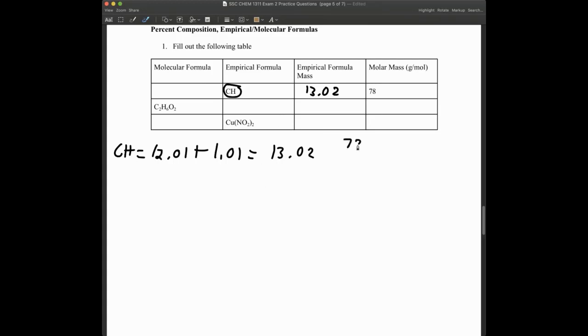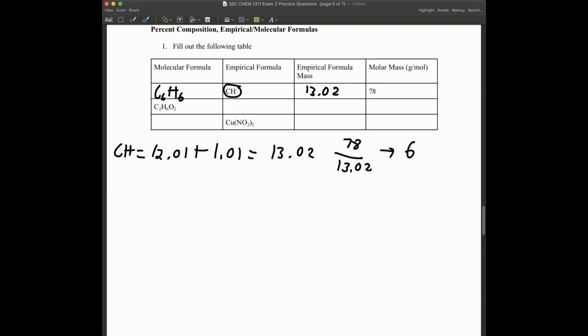So let's do 78 divided by 13.02. And what number do we get? 6. Perfect. So how do we get to the molecular formula in this case? Multiply by 6. Perfect. So when we multiply by 6, we get C6H6. And that's your answer for this one.